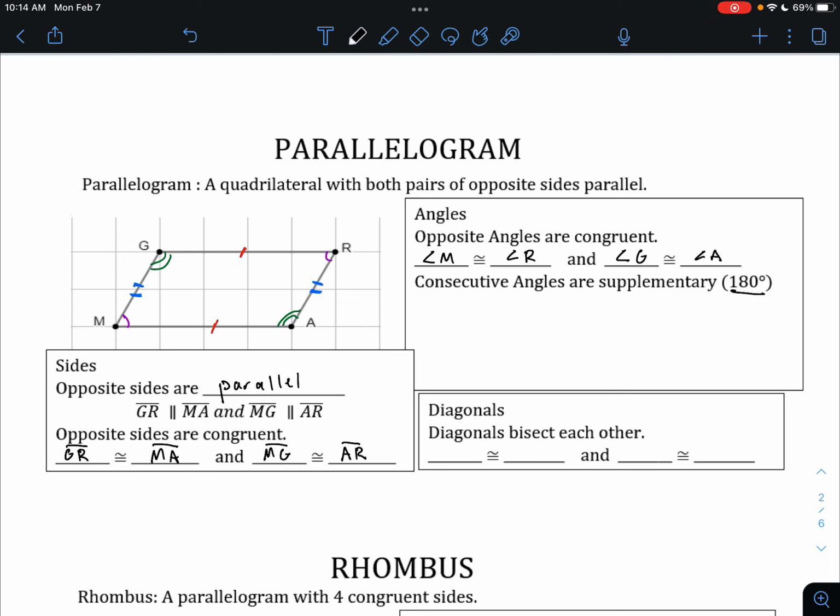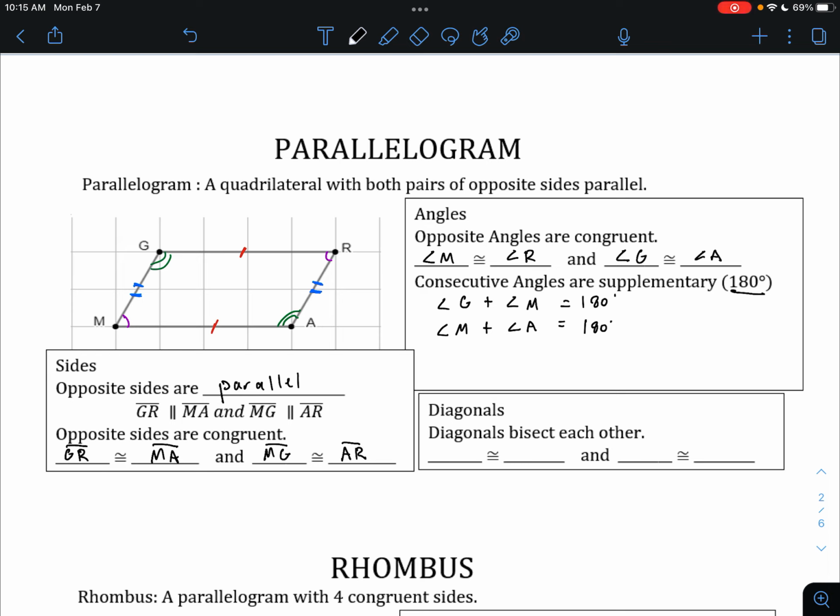For instance, we've got angle G plus angle M. That's these two angles next to each other. Those should add up to 180. And then same thing, angle M should add up with angle A to be 180. Go ahead and fill in the rest on your own.